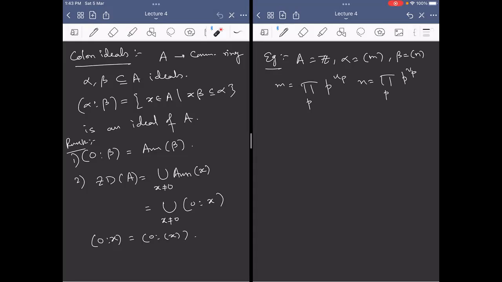Again, P is prime, a finite product; this is just prime decomposition. Then what is alpha colon beta? Now I'm claiming the following. You see, you need to multiply N by something so that it becomes a multiple of M. So therefore you have to add the extra prime factors there, nothing else you need.